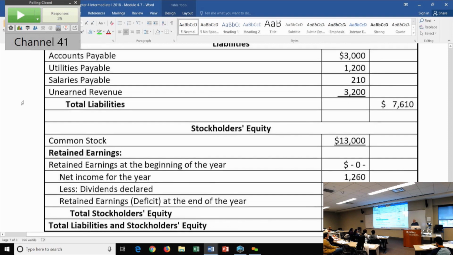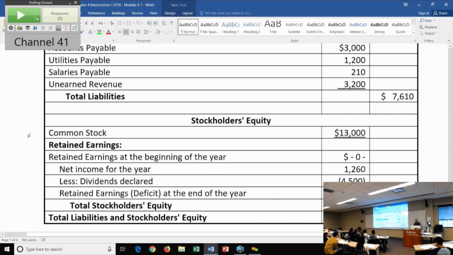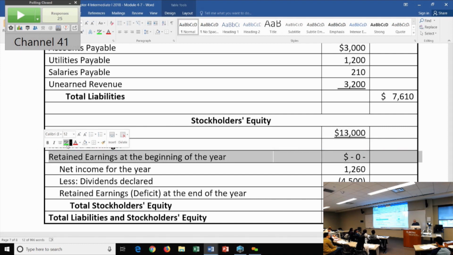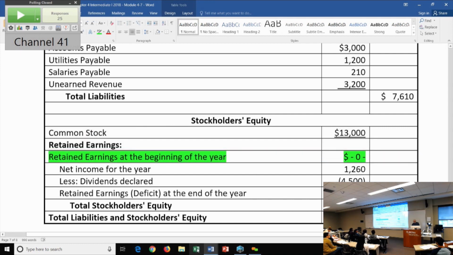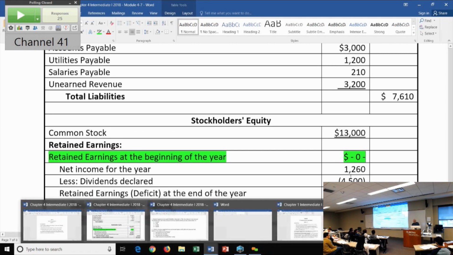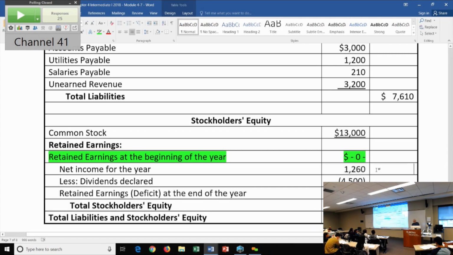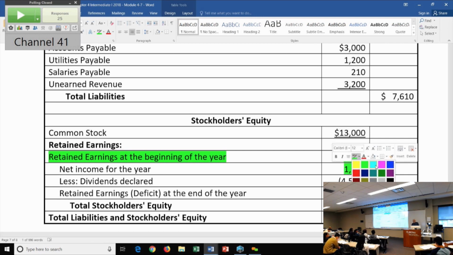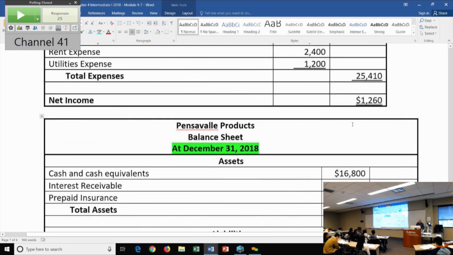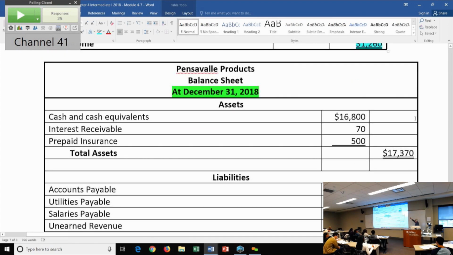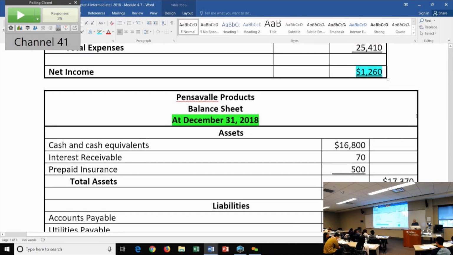And what I want you to notice here is that your net income of 1260 is taken directly from the income statement. So if you forgot that, you want to make sure that you remember that the income statement has to be prepared first. And that number is then transferred to the balance sheet.